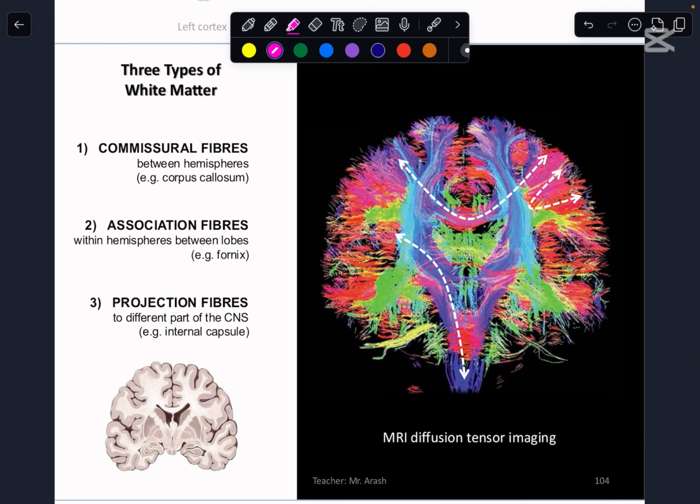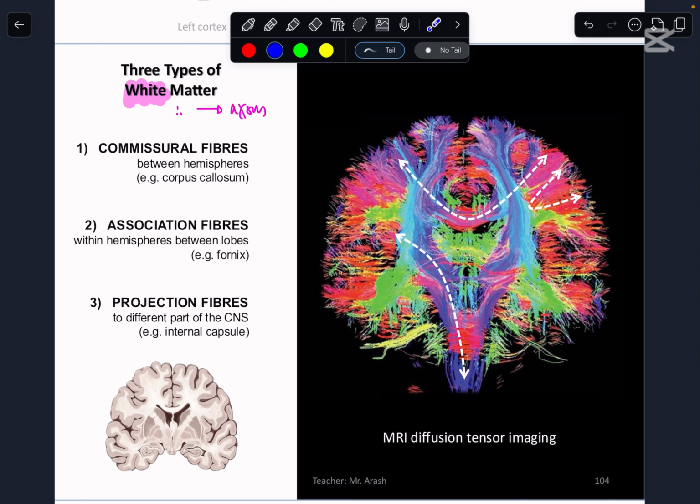Those are, by the way, all white matter. So you're thinking axons, myelinated axons. There are a bunch of myelinated axons, which we call fibers, and if they're commissural, they're the ones that connect left and right, because we want to have coordination, right?